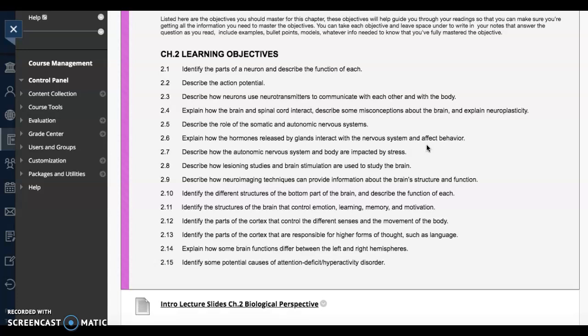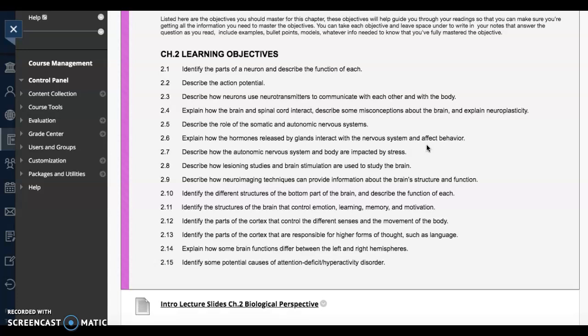They send those messages. So first thing is we've got to understand what a neuron is, and describe its functions, understand the anatomy of a neuron, and then once we know that, we can then talk about how neurons communicate.